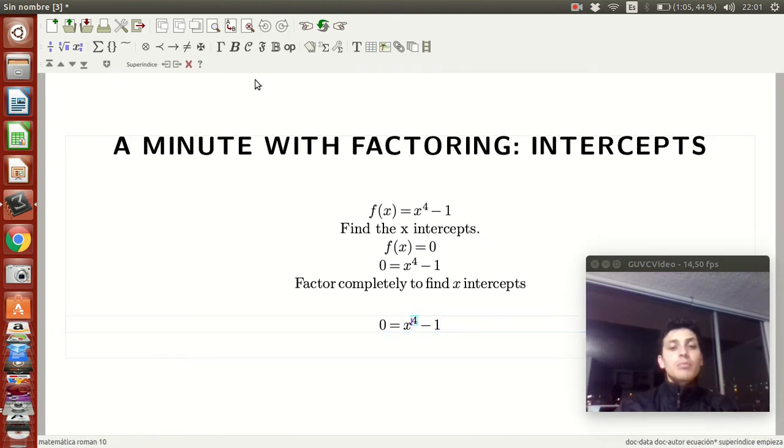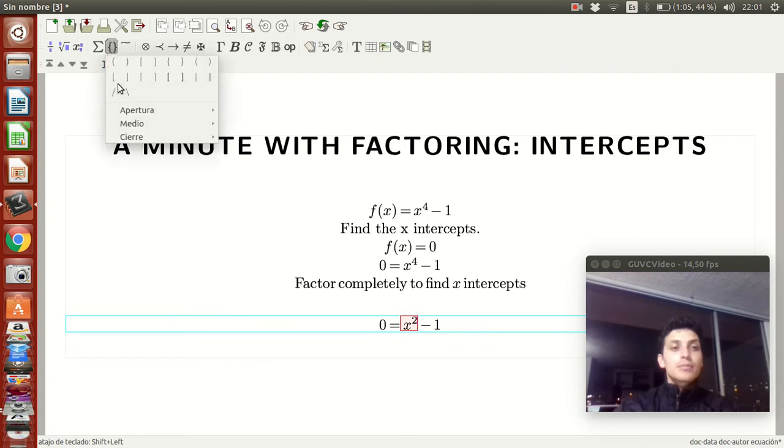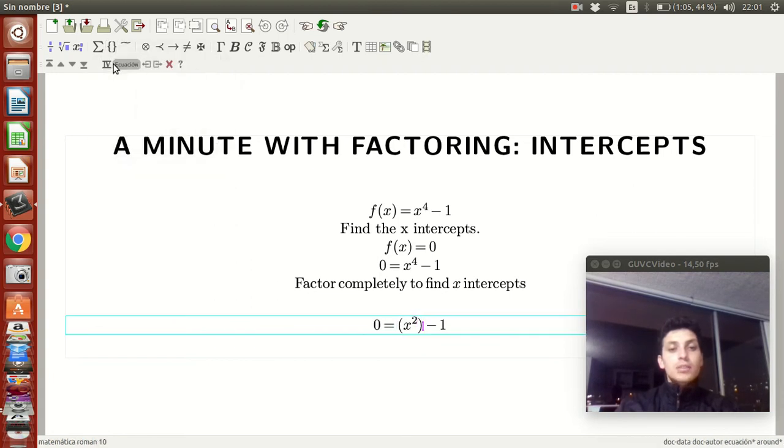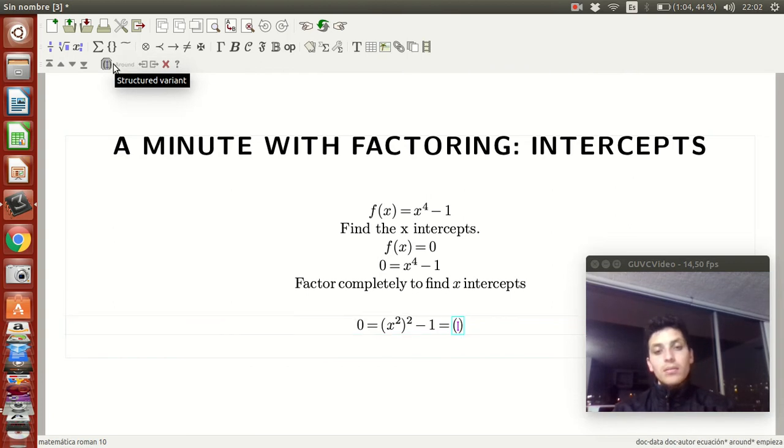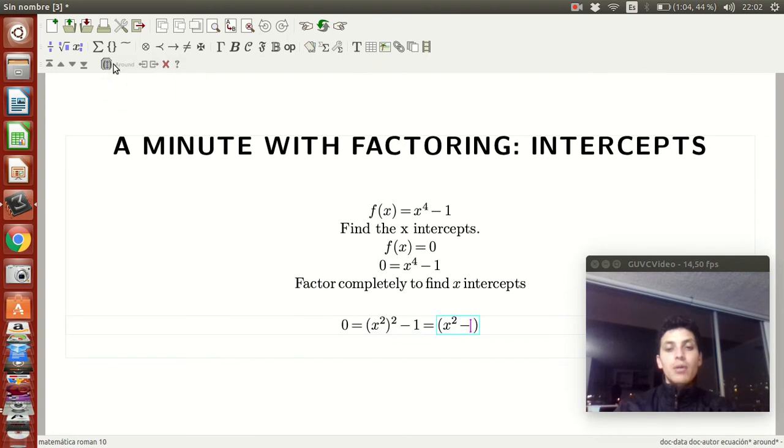x squared squared is x to the 4th power, so we can write it like (x squared) to the 2nd power minus 1.